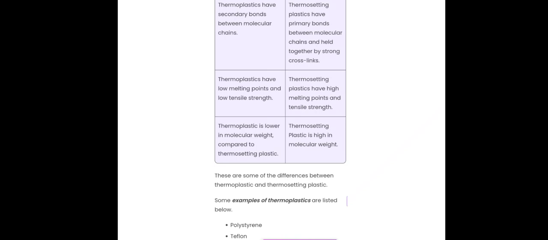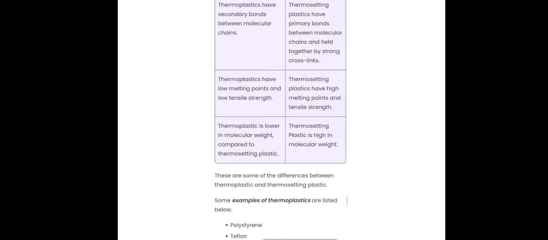The next point, thermoplastics are formed by addition polymerization, and therefore no byproducts are formed, and the thermoplastics can be recycled and reused, whereas thermosetting plastics undergo condensation polymerization, and they cannot be recycled and reused.